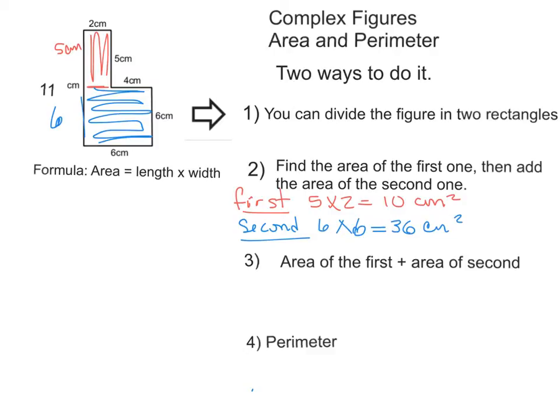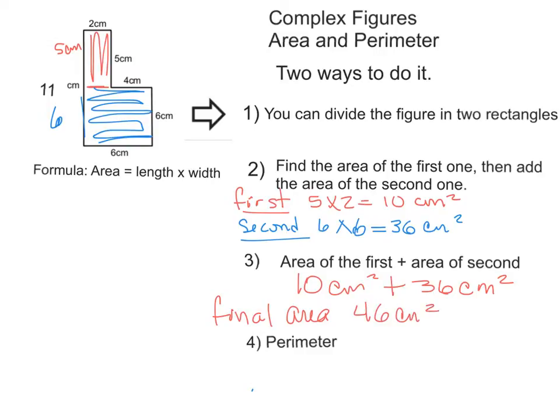If I add the first one, which is 10 centimeters square, plus the second, 36 centimeters square, my final area will be 46 centimeters square.